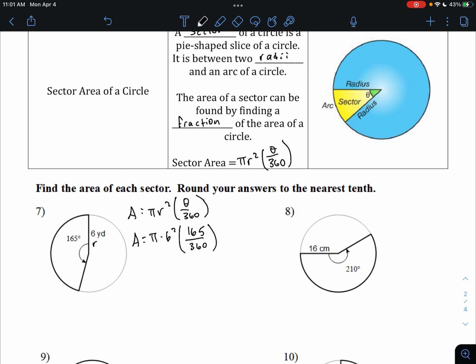Remember, if I'm going too fast at any point, just slow down the video, pause it, do whatever you need to do. And we know that the area equals about 51.8, and that's in yards squared. The unit is yards because it told us that. And since we are dealing with area, area is always squared.